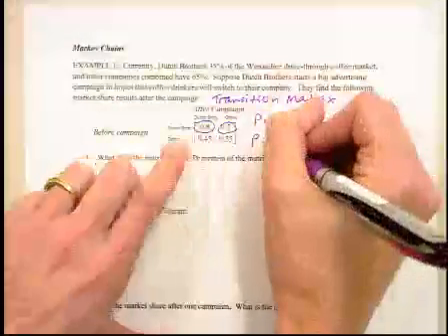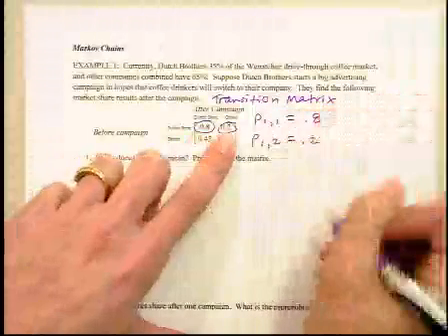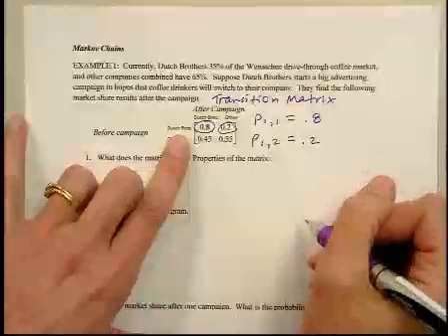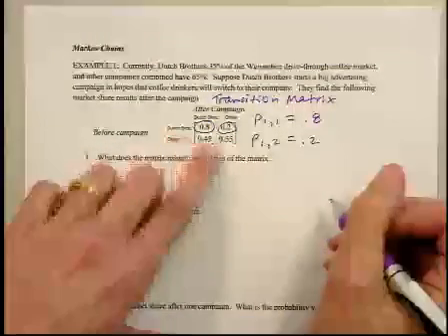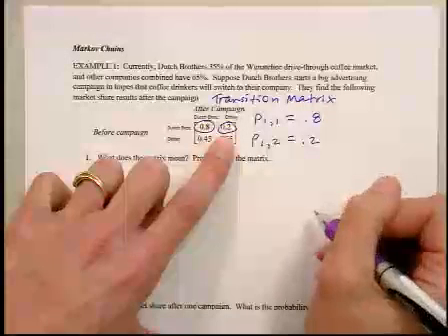The 0.2 here, that would be in position row 1, column 2. So that 0.2 tells me the customer that went to Dutch Brothers last time, on their next visit is going to go somewhere else. So 20% of those are going to go somewhere else.